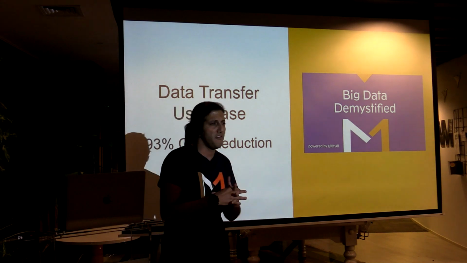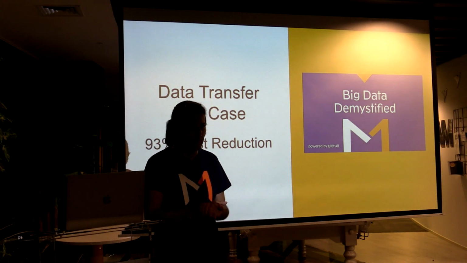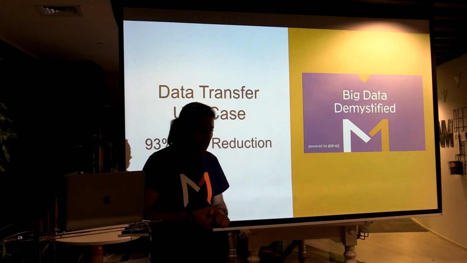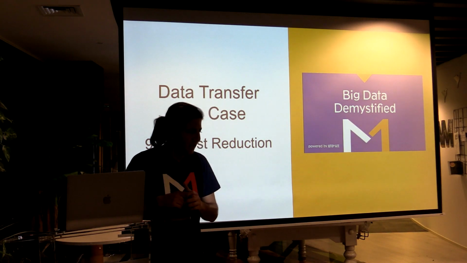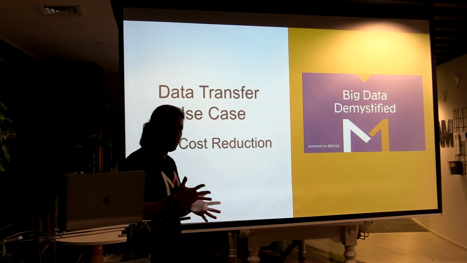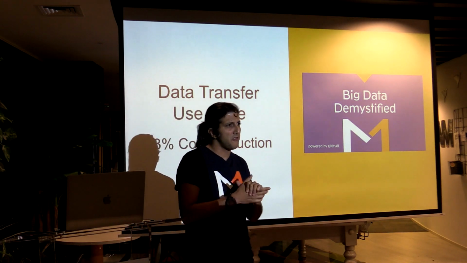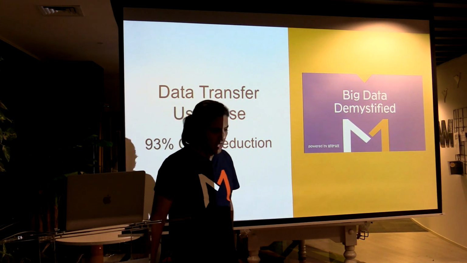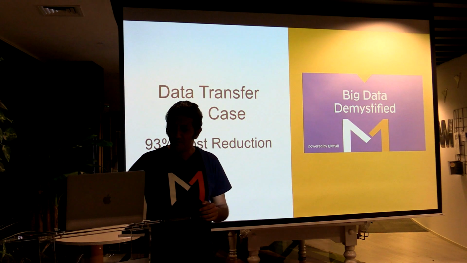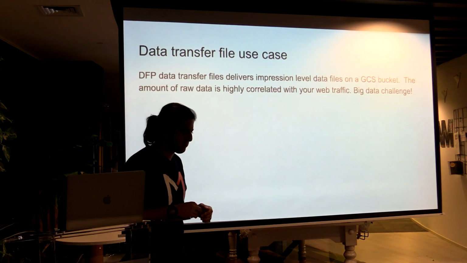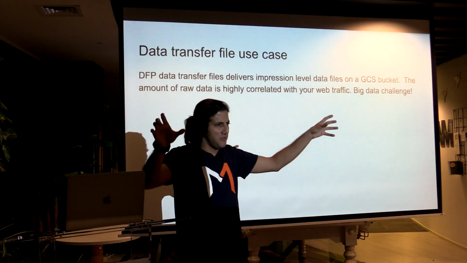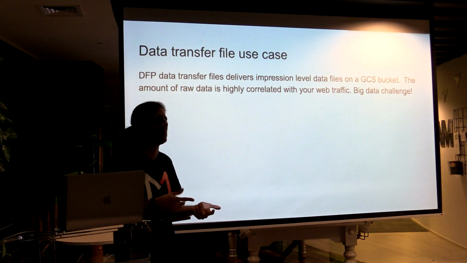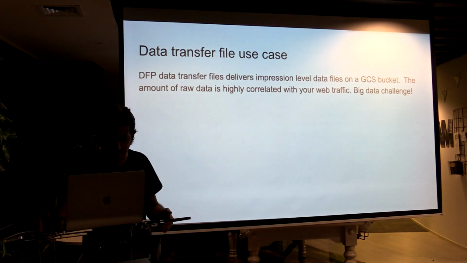So the first use case we're going to talk about is the data transfer use case. Google has a DFP service which helps you manage all your impressions on your website, impressions of commercials. You can pay Google several $1,000s to get the data, which is impression level based, meaning when a user gets to a website, you get all the different impressions that were displayed to the user, and if he clicked on it or not, and all the metadata there.